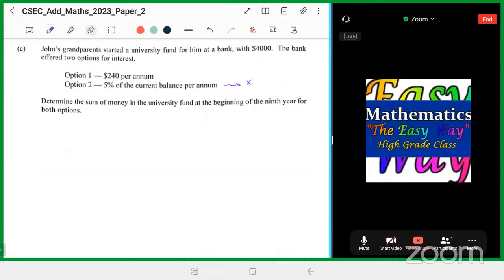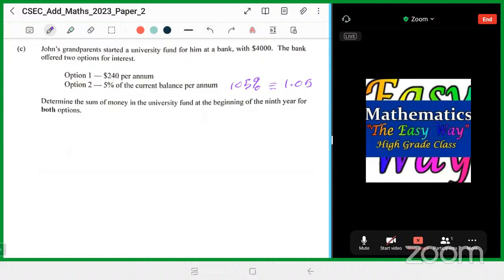Let's make a note. 105% is equivalent to 1.05. We're multiplying by that amount every year. My interest rate is 5%, but my new value is going to be 1.05 of the original value.